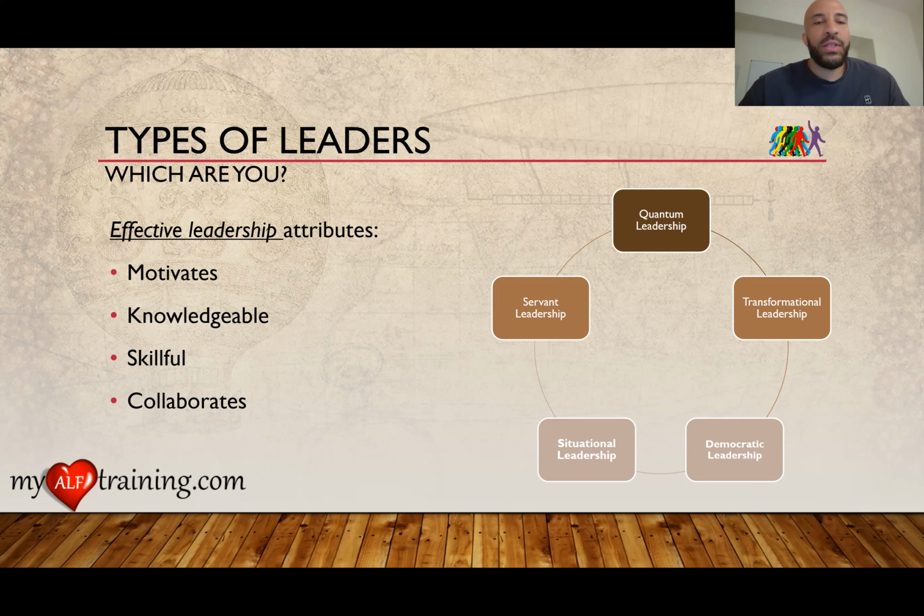But the leaders echoed someone who motivates the group, who's knowledgeable, who's skillful, and who collaborates with the group, seeks feedback, or maintains some type of interpersonal relationship with members of the group. So effective leadership, at the very least, is someone who motivates your group, who's knowledgeable, who's skillful, and who collaborates well with the rest of the group, who seeks out collaboration.